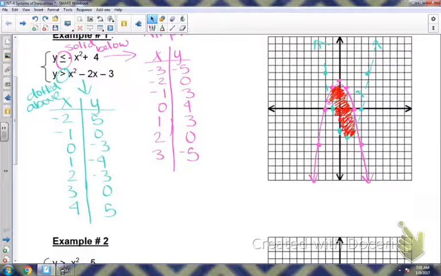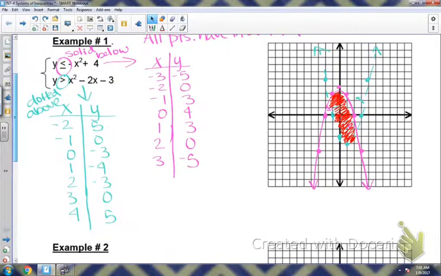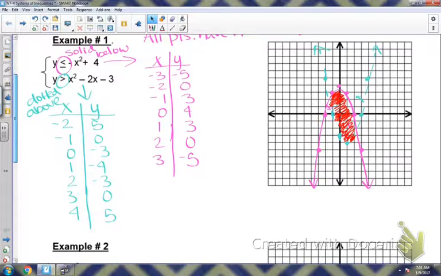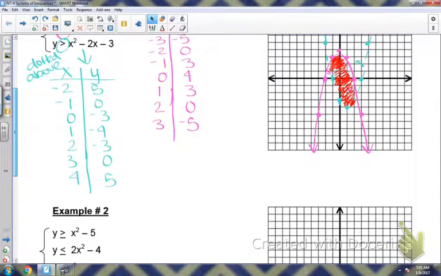If it was on the blue line, it wouldn't be because it's dotted, but on the pink line in that shaded area above the blue line, it should be true. So that is your solution, wherever they have the points in common, so your double shaded area.